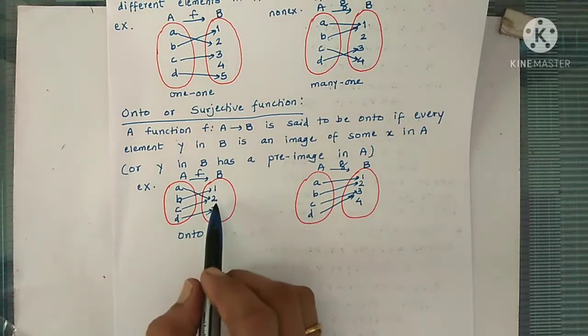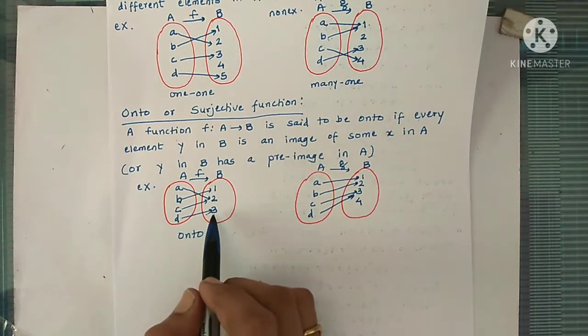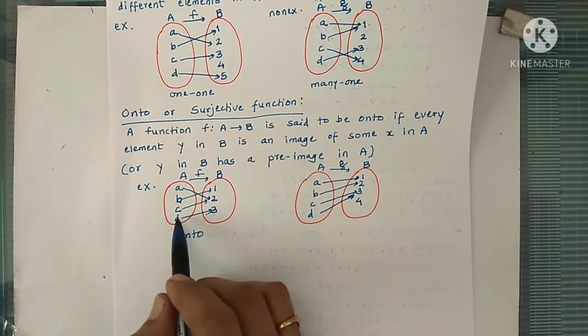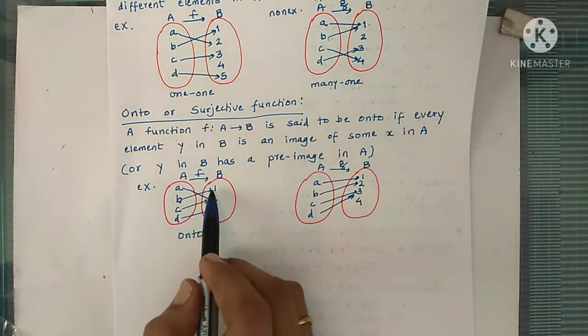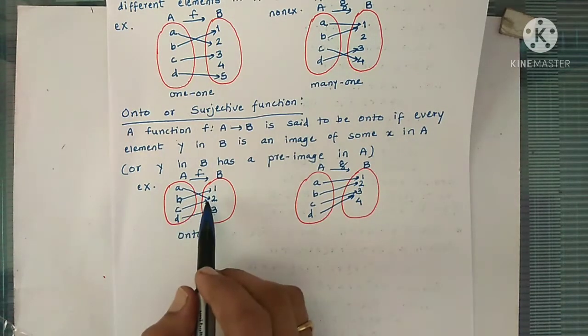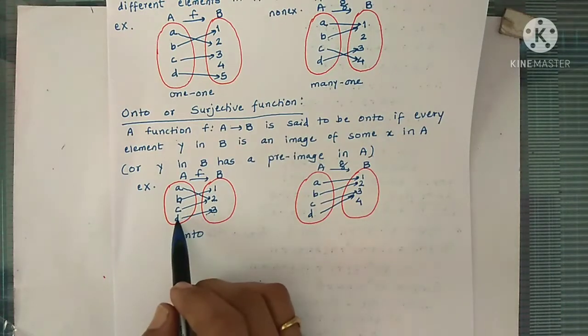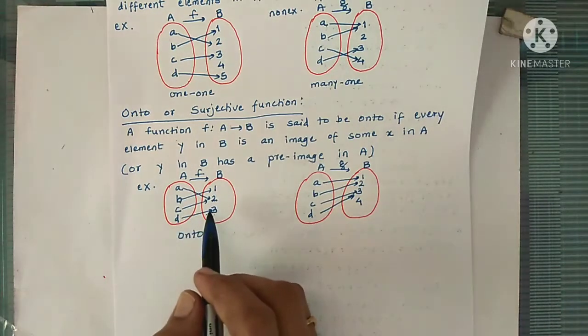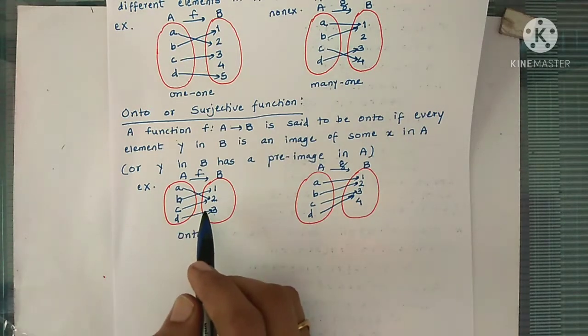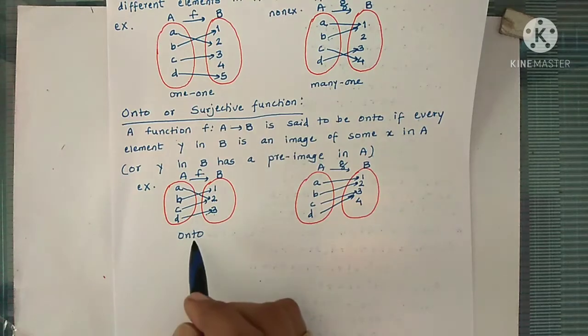So every element of B has at least one pre-image in set A. See here, 1 has only one pre-image, 2 has two pre-images a and c, and 3 has a pre-image d in A. So if every element of B has some pre-image in A, then it is known as an onto function.